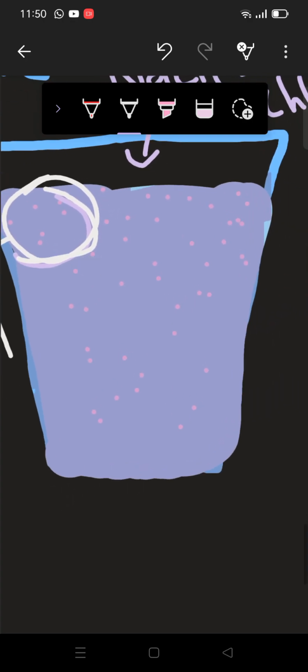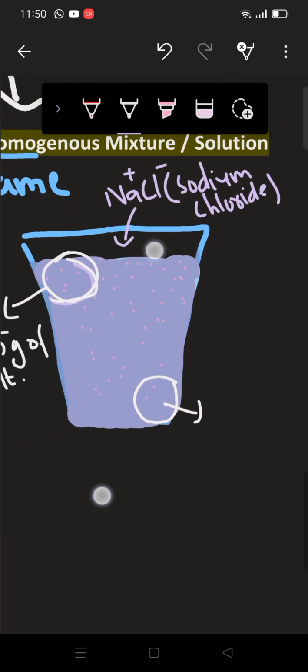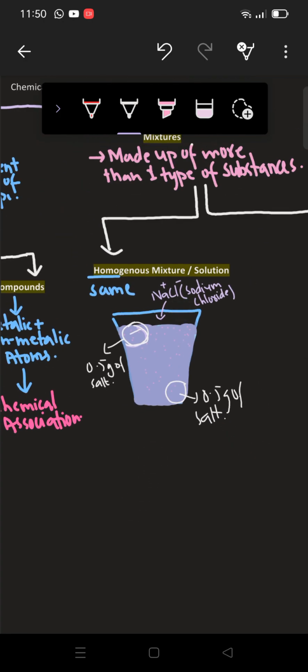Then I am taking a half portion here, and I'll check how much salt is present here. And if the value is the same as I had taken previously, it has 0.5 gram of salt too, then we can say salt is uniformly distributed among all particles of water.